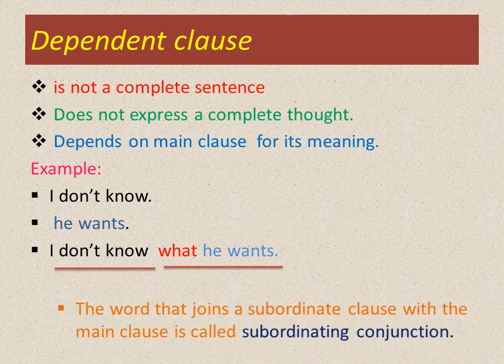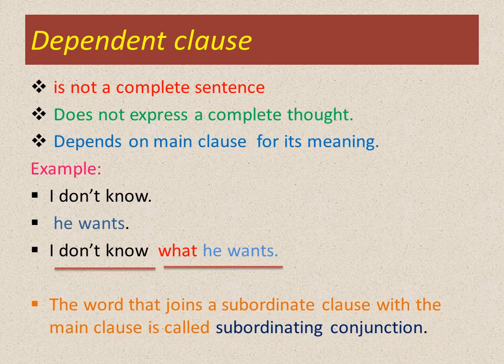So the word that joins a subordinate clause with the main clause is called subordinating conjunction. Students, we need a subordinating conjunction to join a main clause with a subordinate clause.